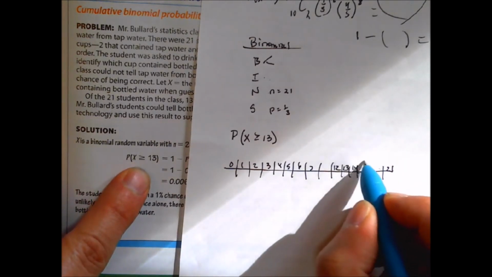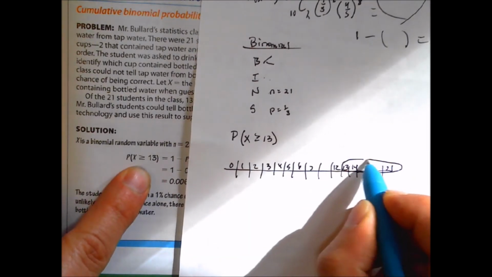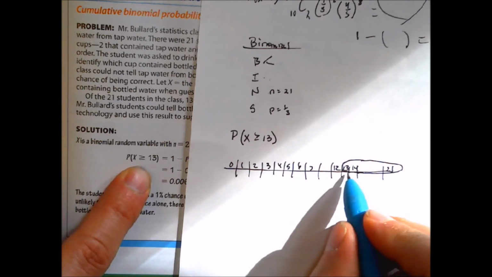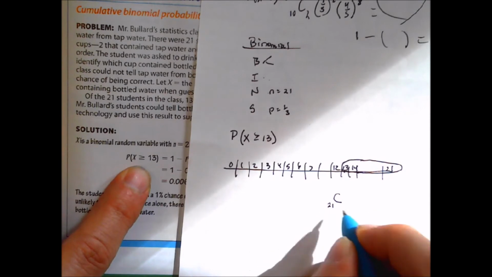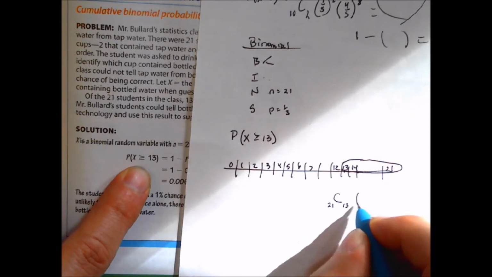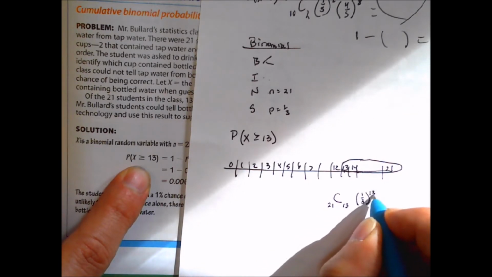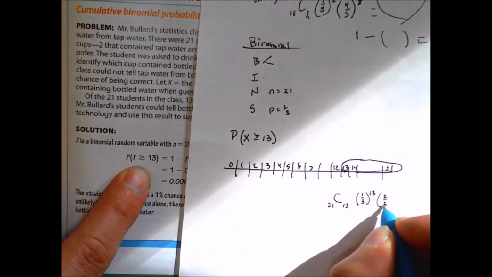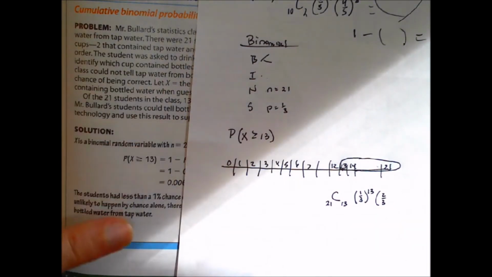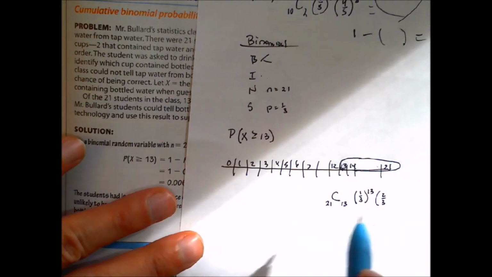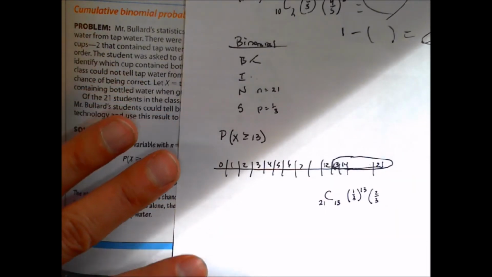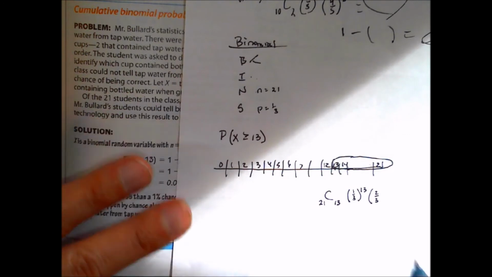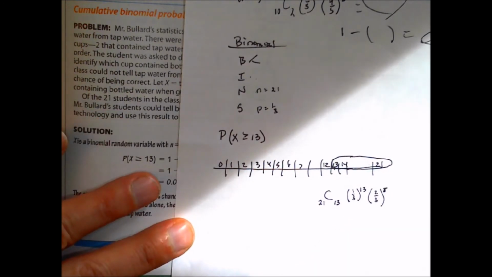So I want to find these right here. Now, this would be a pain, right? Probability that 13 were correct: 21 choose 13. 13 of them were correct, that means 8 of them were not correct, right?